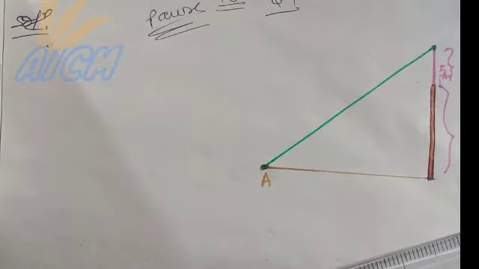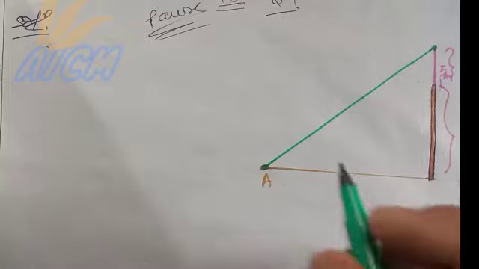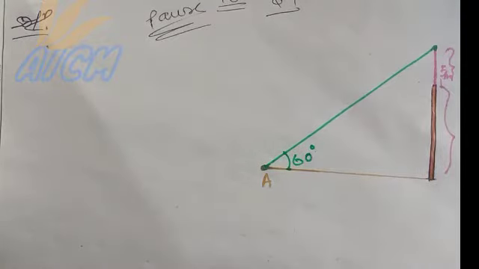Why do they look up? It says angle of elevation, and how much is that? That is 60 degree.